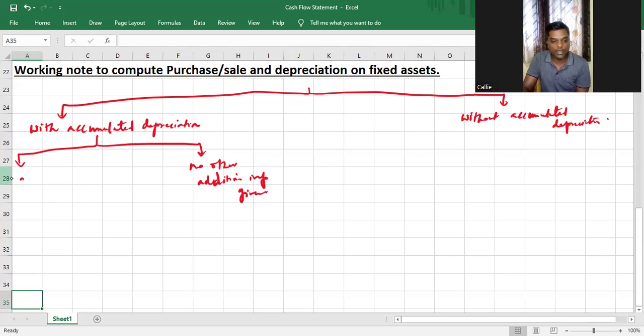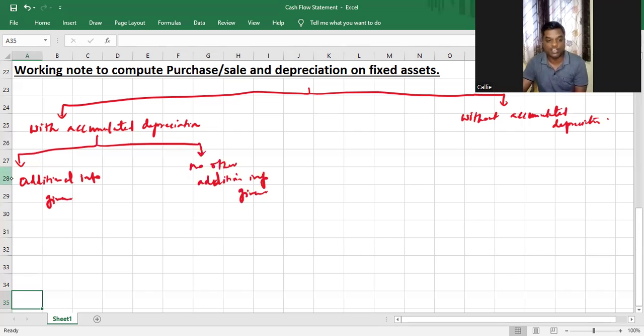What I mean by additional information is that below the balance sheet in the question, they might have given information like the depreciation charge, the assets purchased during the year, or the assets sold during the year. If they've given that information, we'll consider that as additional information given.